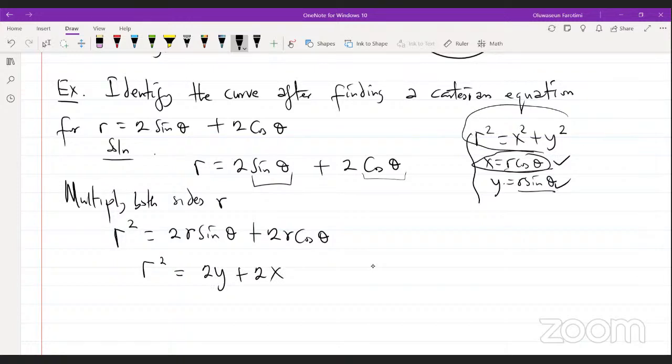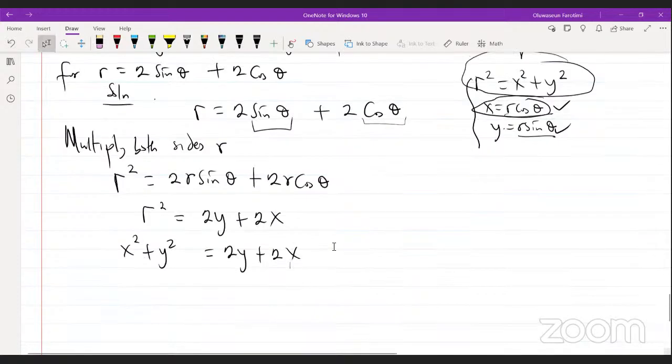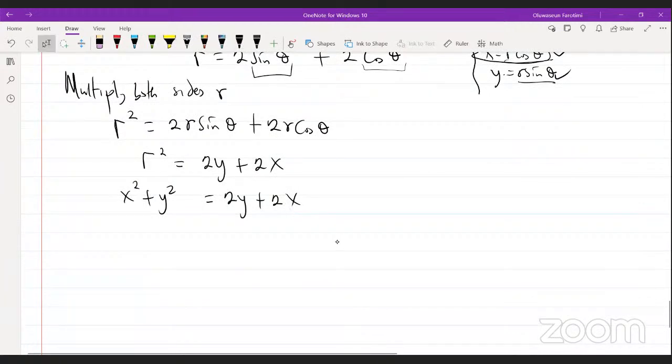But this one, we've not touched yet, and this is r squared on this side. So just plug it in: x squared plus y squared equals 2y plus 2x. Now, can I collect like terms? The answer is yes. x squared minus 2x plus y squared minus 2y equals 0.